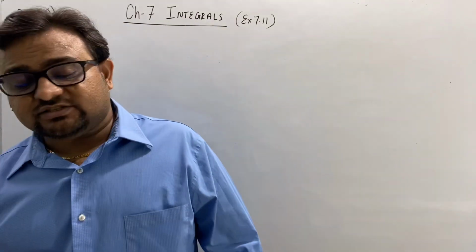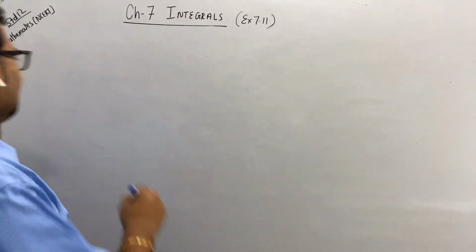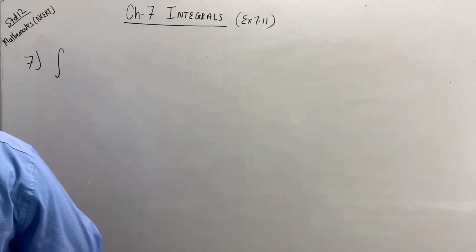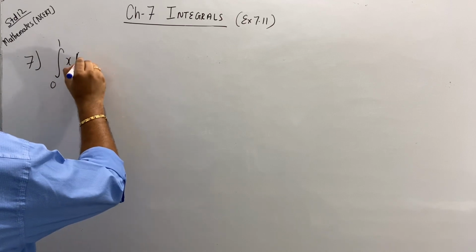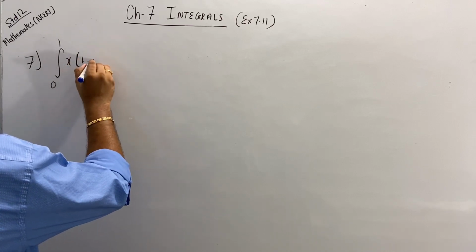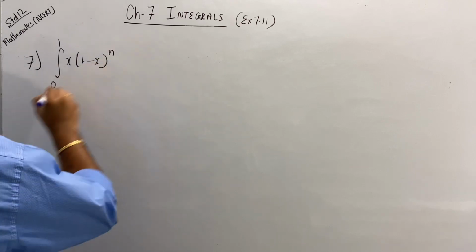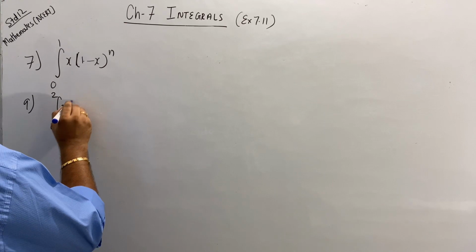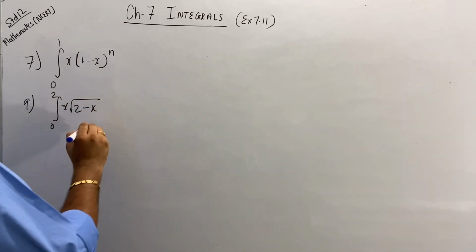Okay, so next, question 7 and question 9 both are similar. See, question 7 is integration of 0 to 1 x into 1 minus x raised to n, and question 9 is 0 to 2 x into square root of 2 minus x dx.